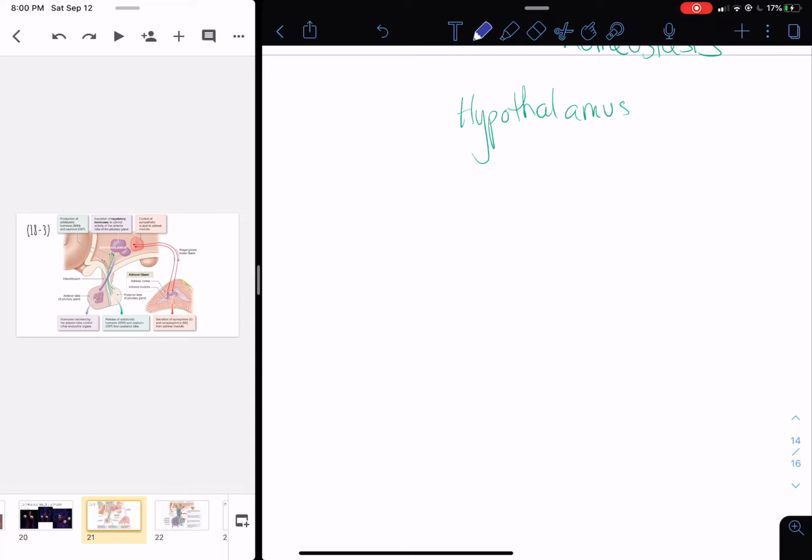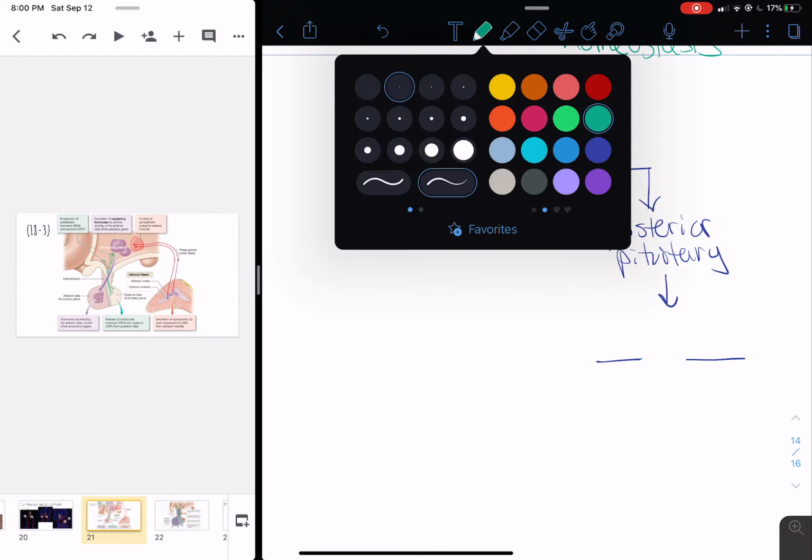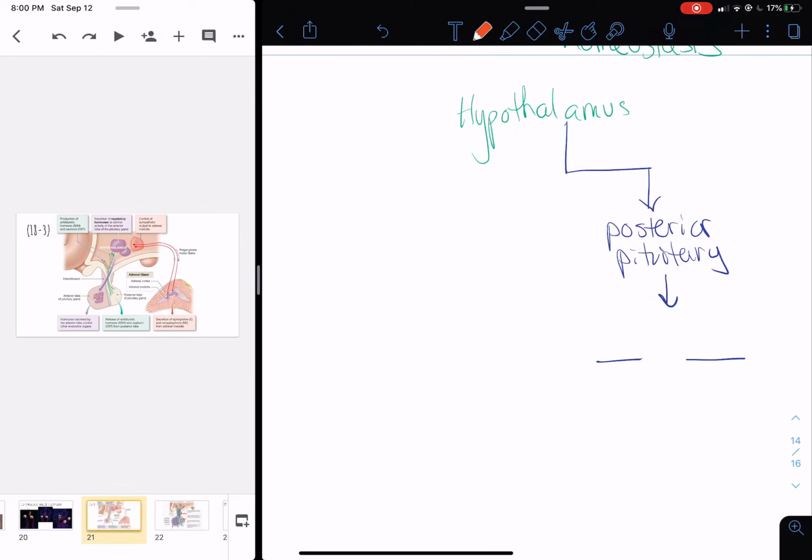and the hypothalamus is going to talk to the posterior pituitary directly. So I'm going to draw lines directly to the posterior pituitary. And then the posterior pituitary is going to secrete some hormones. It's going to secrete 2 hormones. Versus the hypothalamus is going to talk to the anterior pituitary, but in order to talk to the anterior pituitary, it's going to have to secrete 6 different types of hormones.